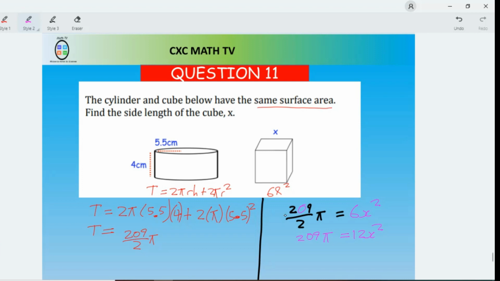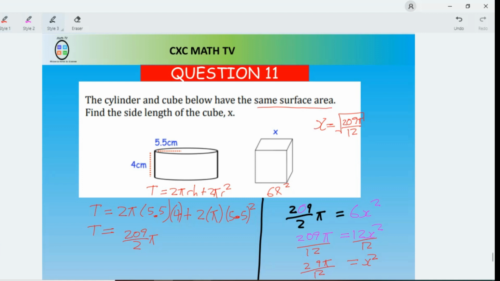Then we divide both sides by 12 to get x squared is equal to 209 pi over 12. Then to make x the subject, finally, x will just be the square root of 209 pi over 12.